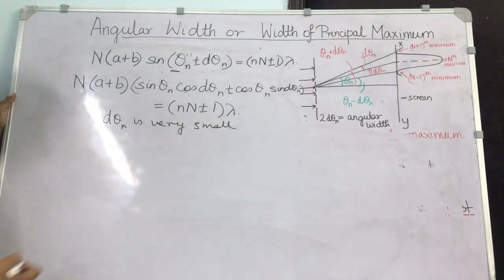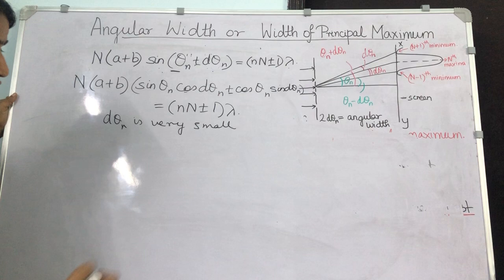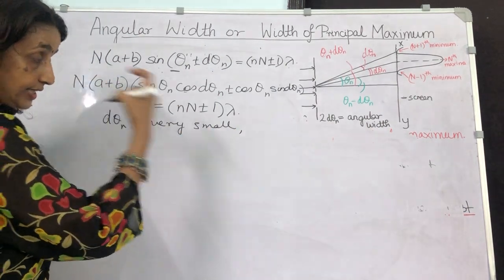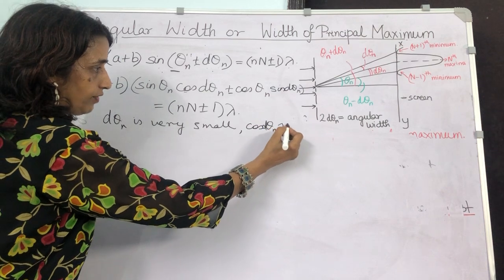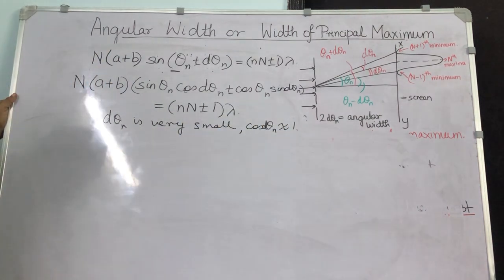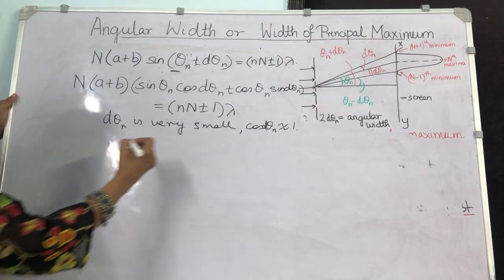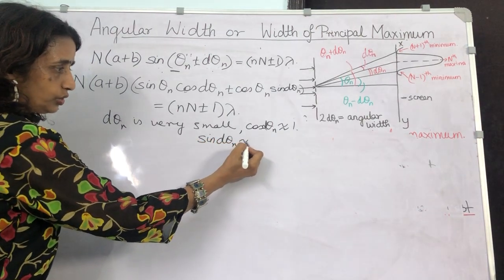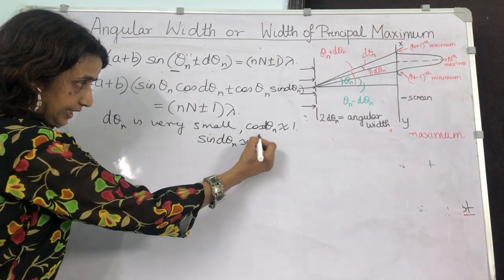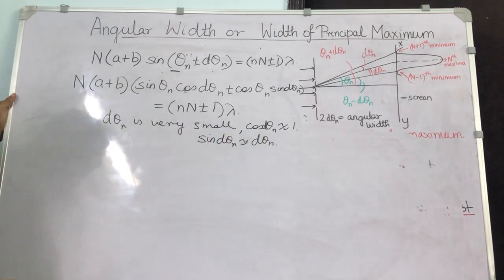When dθn is very small, cos dθn tends to 1 because cos 0 is 1, and sin dθn tends to dθn because sin 0 is 0.